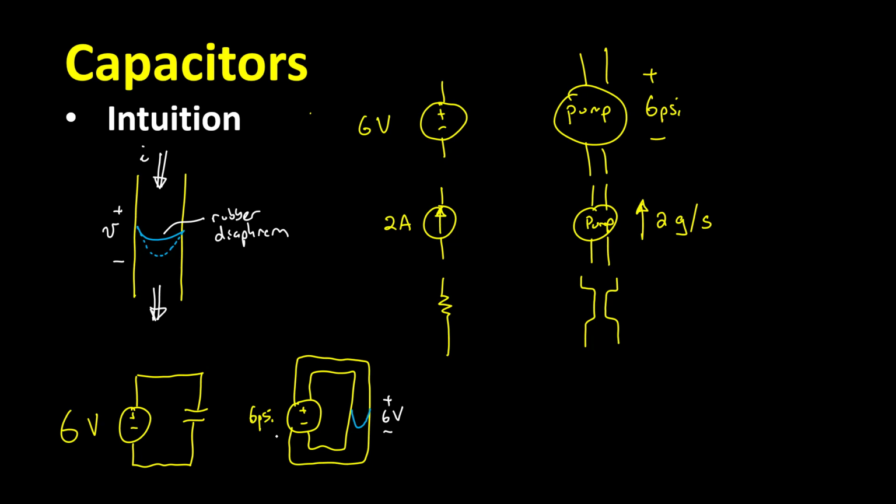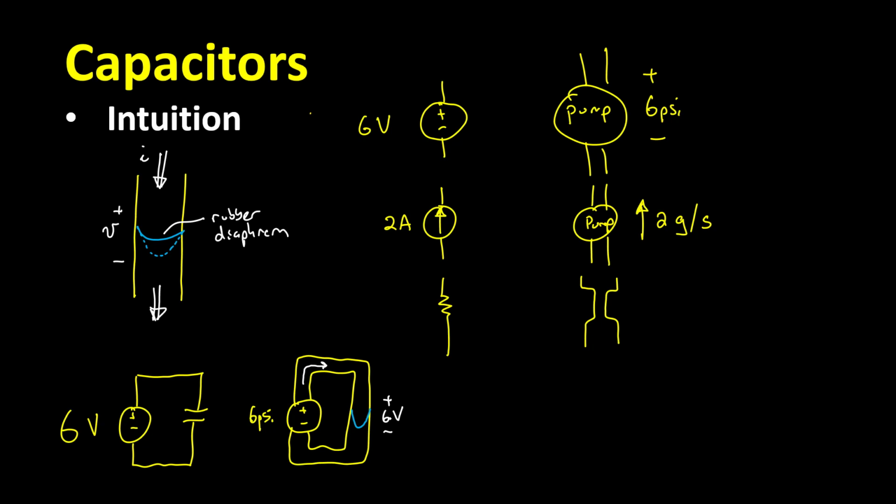In other words, when this pump was first turned on and this capacitor was not charged up at all, it was initially flat. It had 0 volts across it. This would have caused water to flow, and as that water flowed, the capacitor would begin to charge up. It'd begin to distend and bow out, until finally it pushed back with 6 psi worth of voltage.